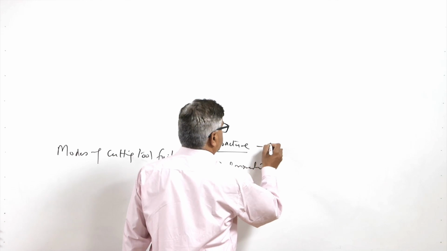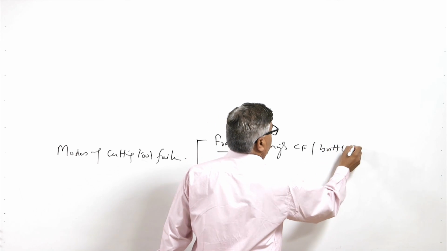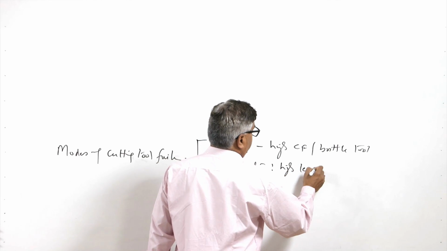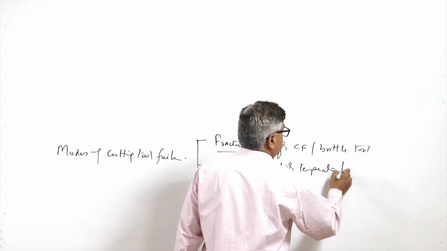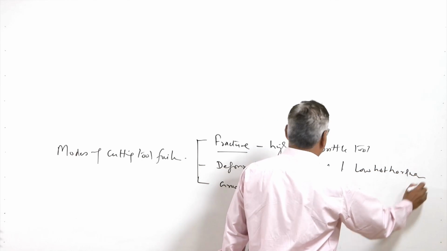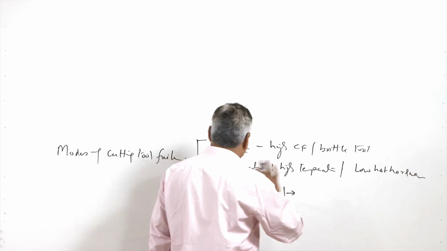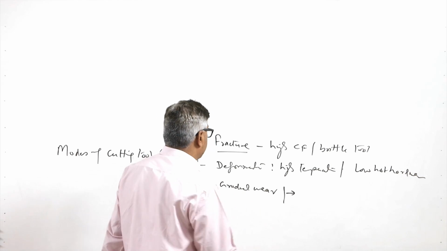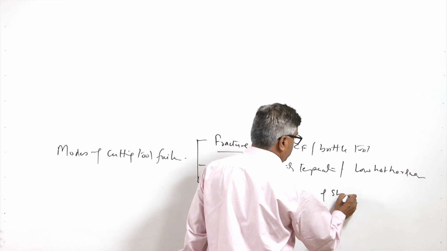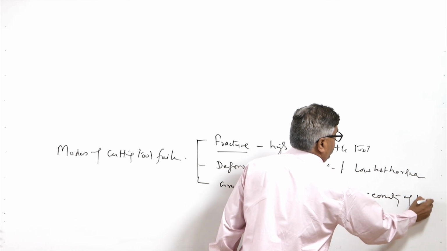The fracture happens when high cutting forces are used in the case of brittle tool materials, and the deformation occurs when high temperature is generated, especially when a low hardness tool material is used. The gradual wear is the normal case, when optimum conditions for cutting forces and temperature rise exist, but the gradual loss of the shape and geometry of the tool takes place.